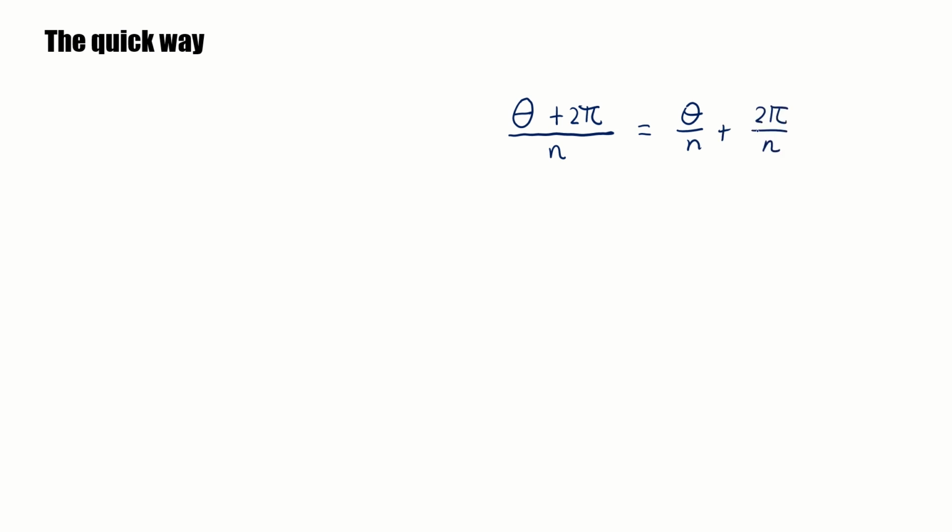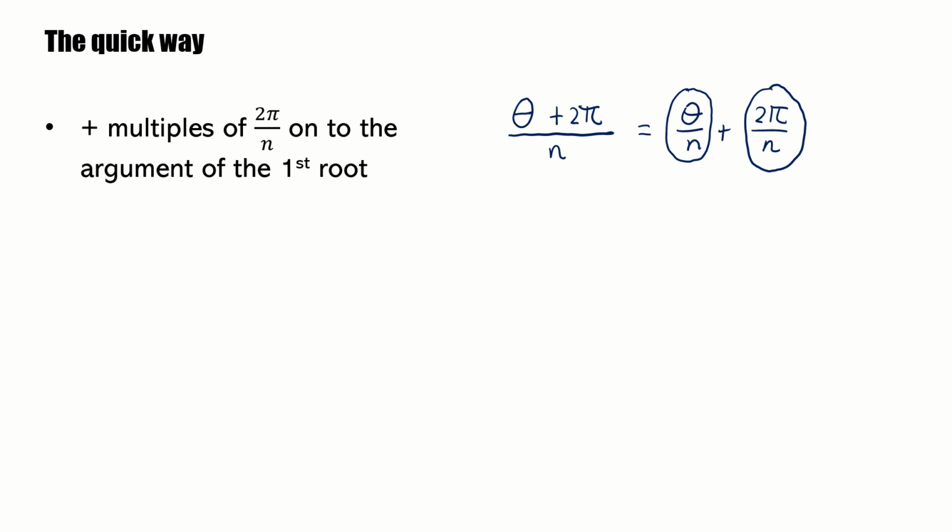And that means we can save a bit of time because we know ultimately we could just start by taking the original complex number and taking the nth root like we usually do to find the first root of the equation, and that is conveniently just this bit here. All we then have to do to that first root to find all the other roots is add on multiples of 2 pi over n onto the argument, because therefore we can see that the nth root taken after adding an argument of 2 pi onto something is the same as just adding straight away 2 pi over n in the first place.